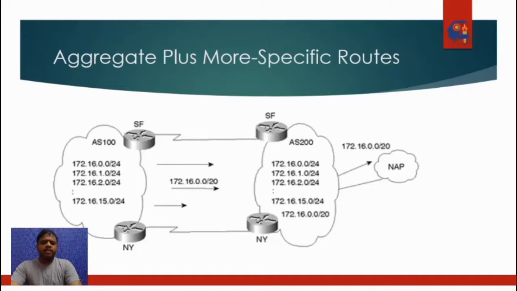To avoid complicating routing tables beyond the provider level, more specific routes from customers are usually stopped at the provider level. Autonomous System 200 would propagate only the aggregate 172.16.0.0/20 towards the network access point and suppress the more specific routes in this case.